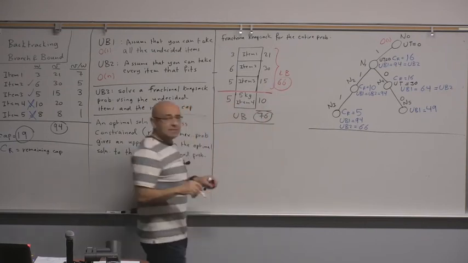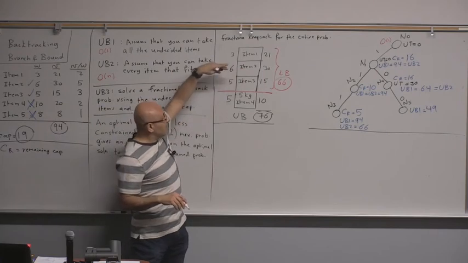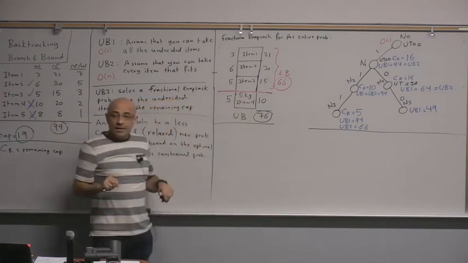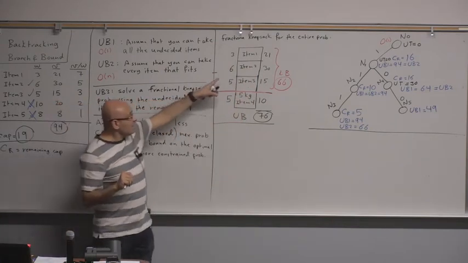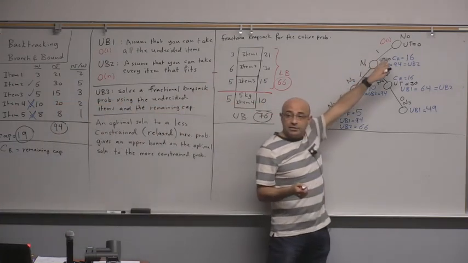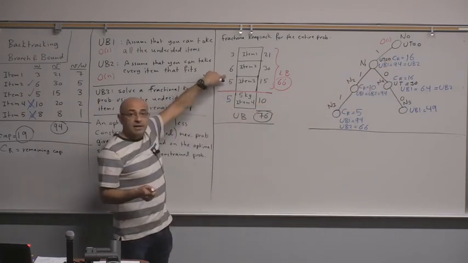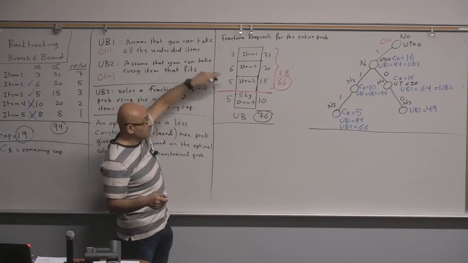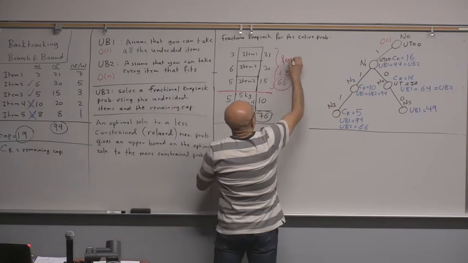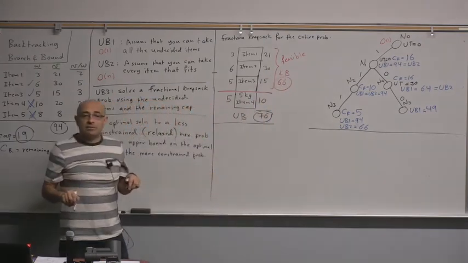Now, this 66 gives us a lower bound, but it also gives us an initial feasible solution. This solution, items 1, 2, and 3, is a feasible solution. We can think of this as the best solution found so far, even before we start traversing the tree. Because this is a valid solution, initially this is the best solution found so far.